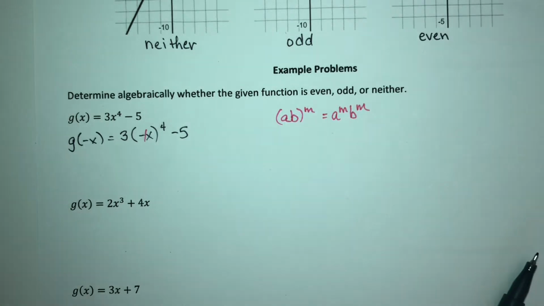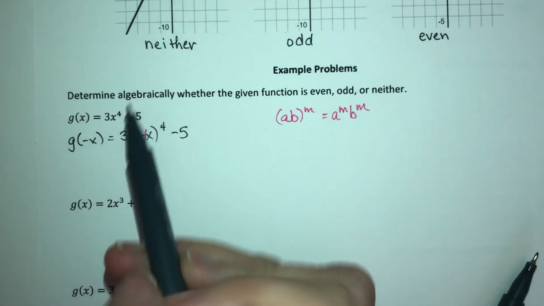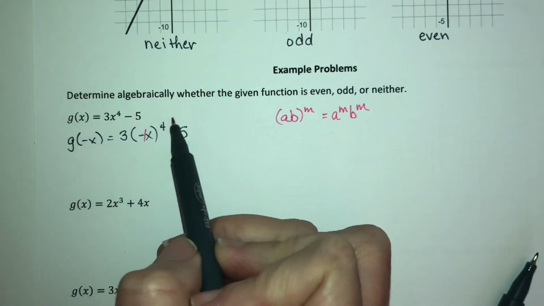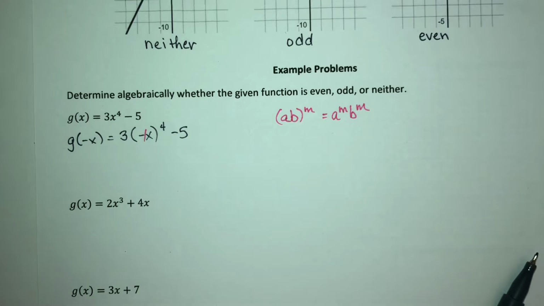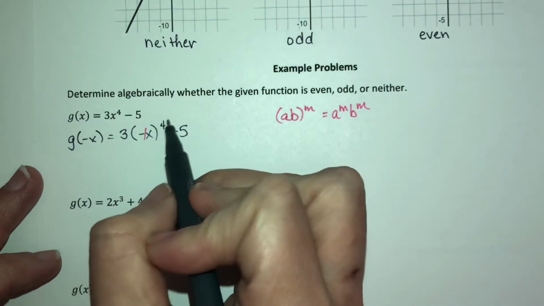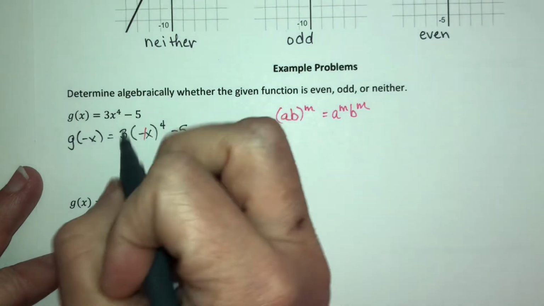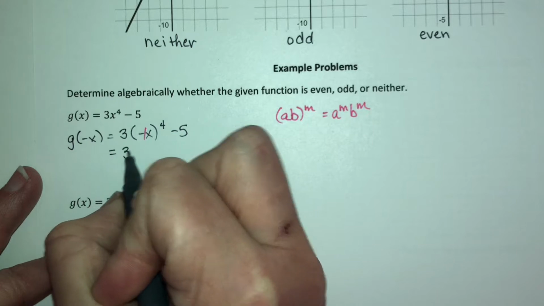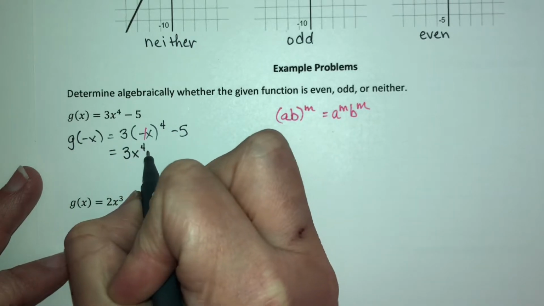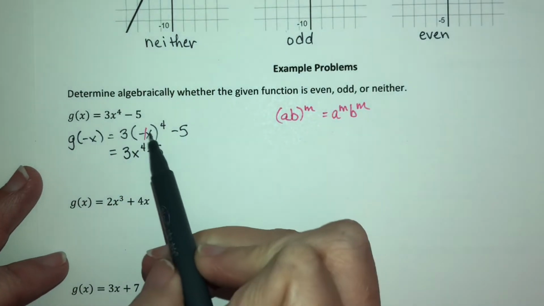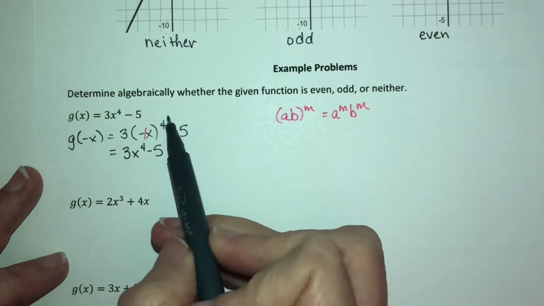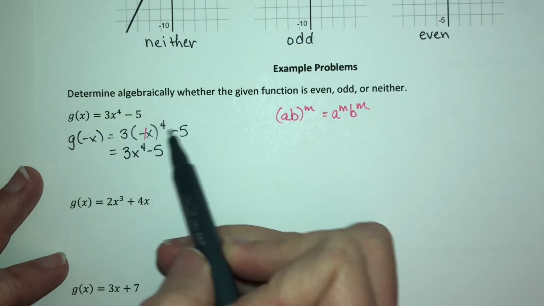So I can take this 4th power and put it on each of these. Raising negative 1 to an even power is just 1. So this is 3x to the 4th minus 5. This negative went away because it was absorbed by an even exponent.